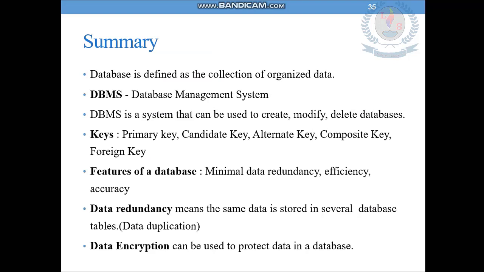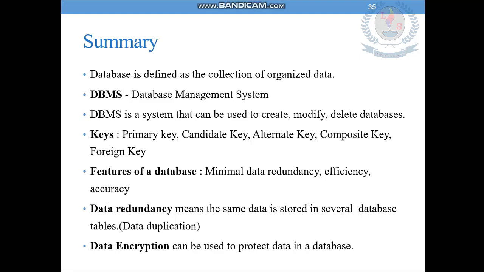So this is the summary of this lesson. I'm going to wind up this lesson. I hope you have understood everything, like what a database is. A database is defined as a collection of organized data, and DBMS is the database management system. A database management system can create, modify and delete databases.